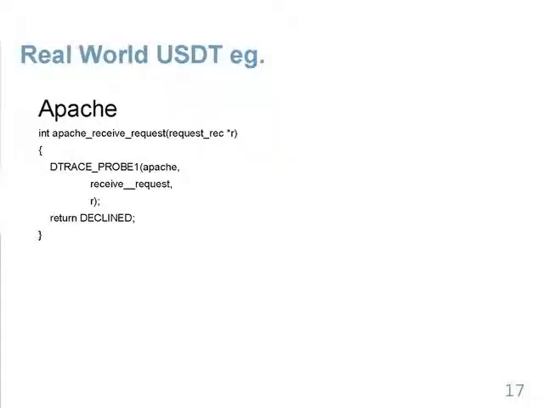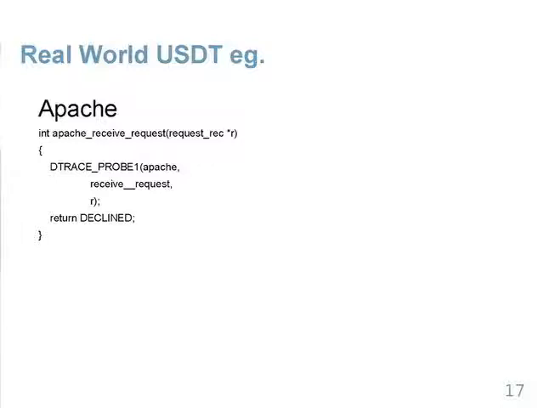Yeah, so there are already some real world software which use USDT probes to get information out of their application. One example is Apache. They have a set of high level probes which give information like the server has received a request and it's processing the request and so on and so forth.